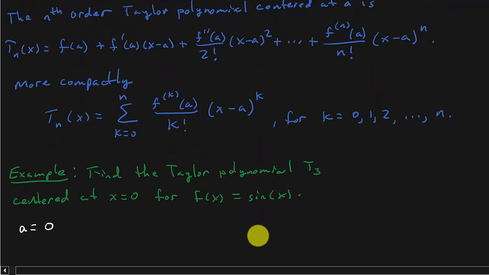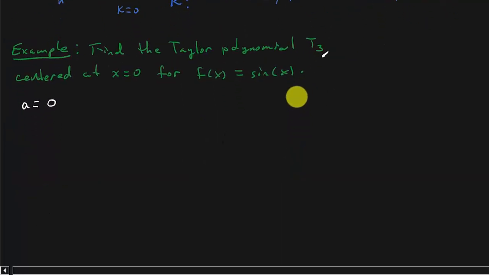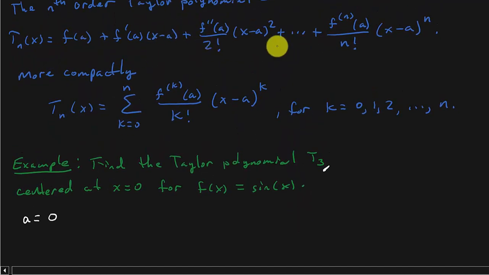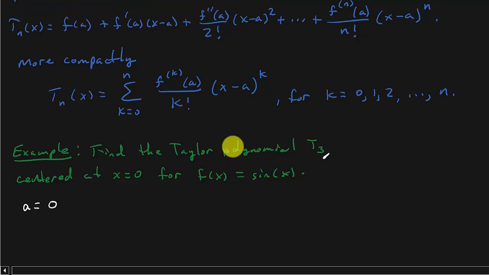To do that, we're going to take it to the third derivative, because we're looking for T sub 3. According to this, we need to go all the way to the third derivative.